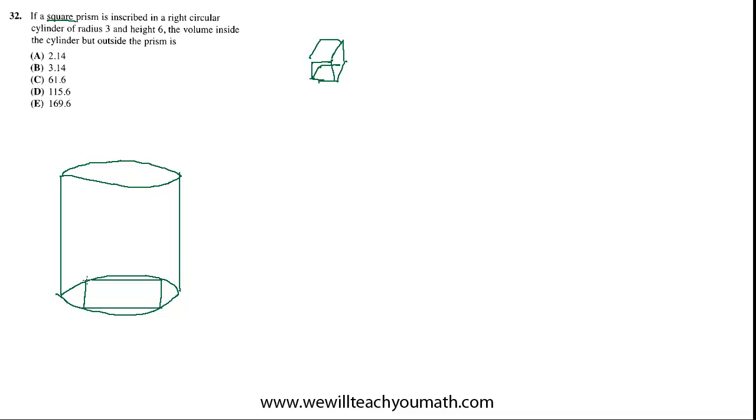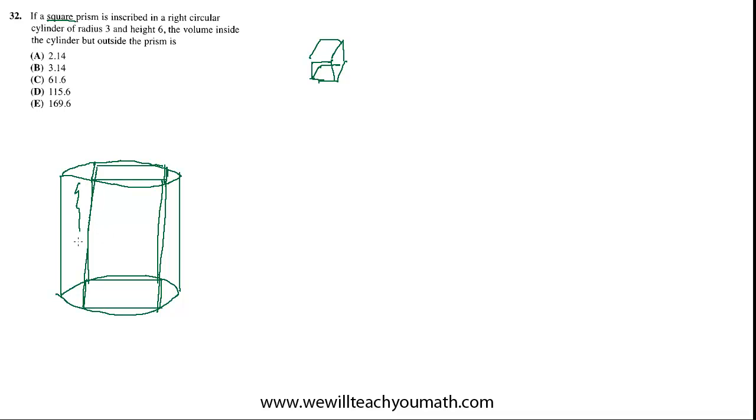And then going up, it's going to be a little trickier to draw on top. Again, this is just a rough sketch, so yours may be better. This thing goes the whole height. So what they want to know is the volume that's outside this square prism, this box, but inside the cylinder.